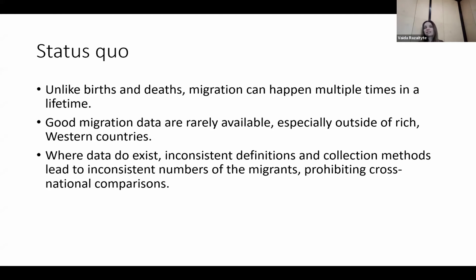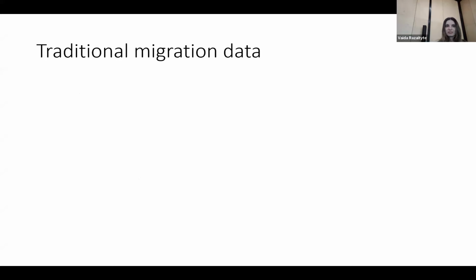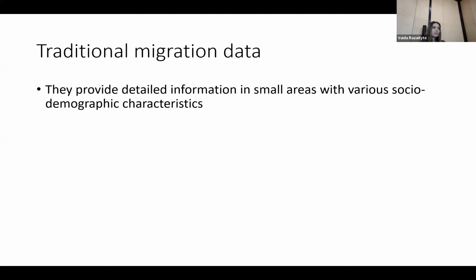When we have the data, we have inconsistent definitions and collection methods leading to an inconsistent number of migrants, and these are prohibiting cross-national comparisons.